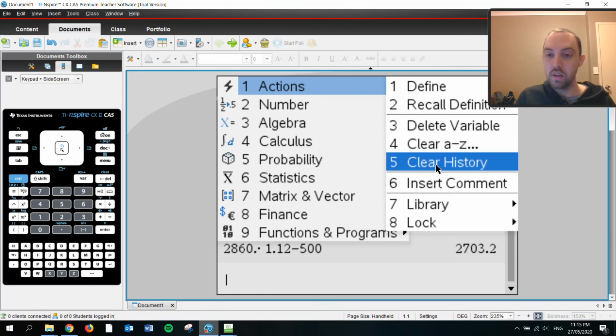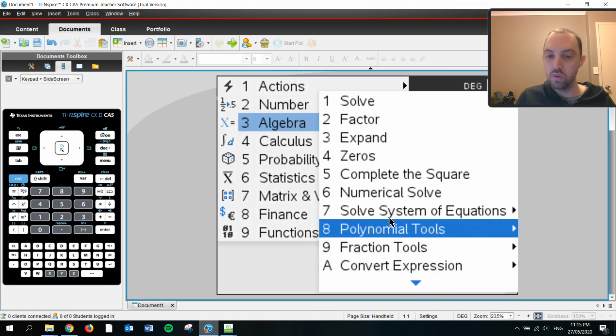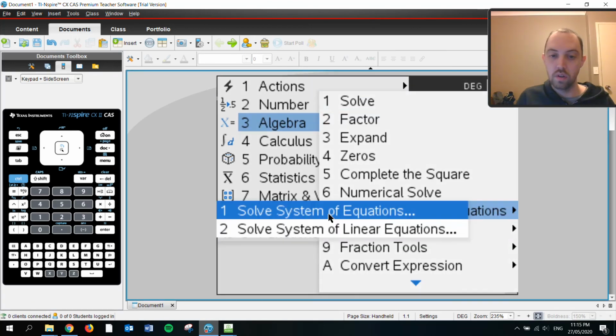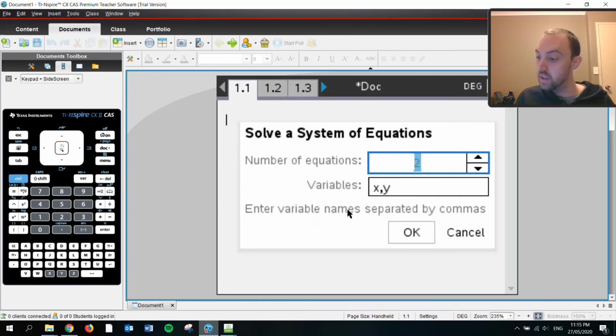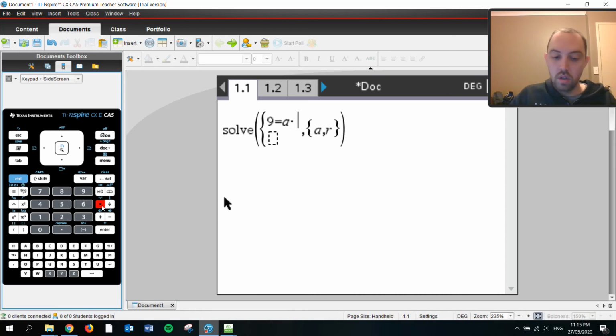Let me just clear my history here. We're going to go menu, solve a system of equations, not linear though, and we've got A and R. 9 is equal to A times R, and then 10.1 is equal to A times R to the power of 3.